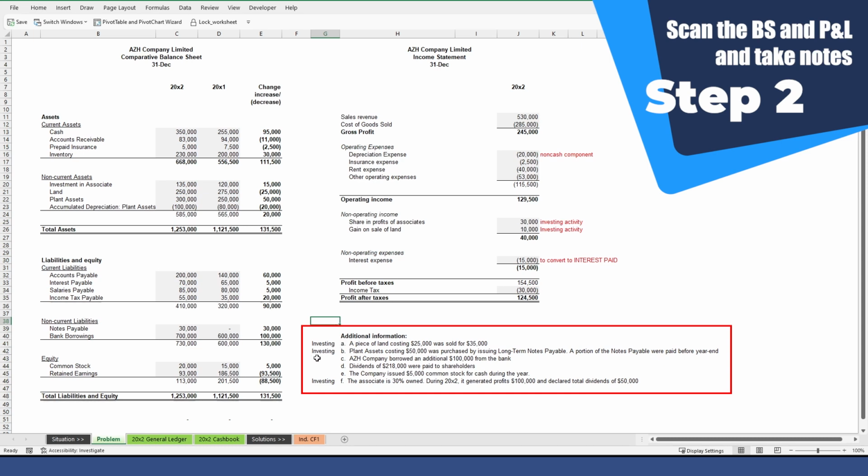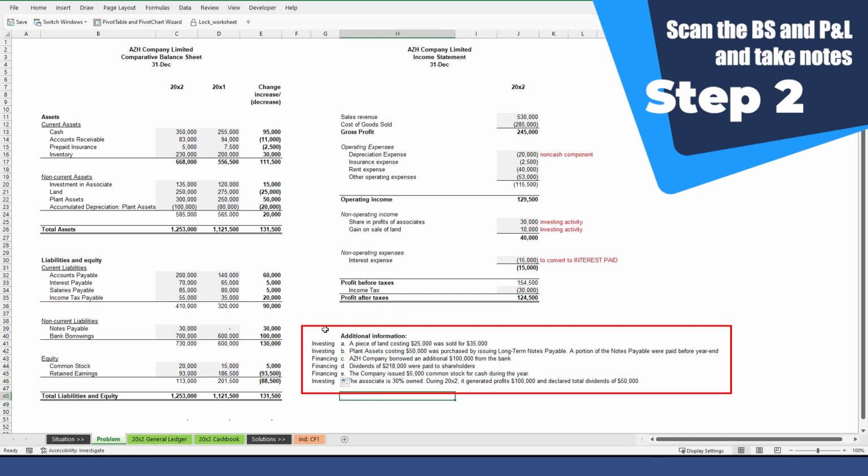We also know that there are financing activities during the year, which are all of the remaining Transactions C, Transaction D, and Transaction E, because they are the transactions related to the borrowings and equity of the company.